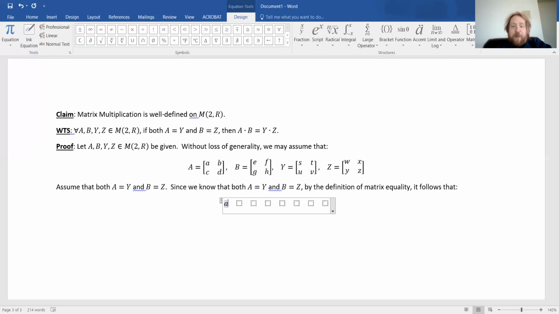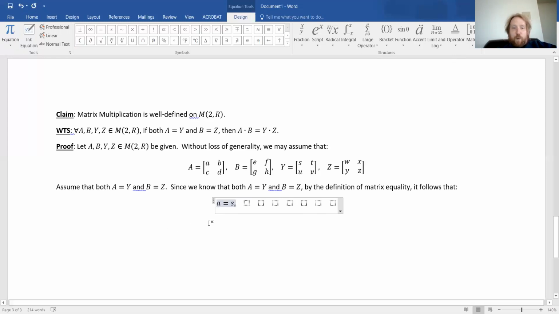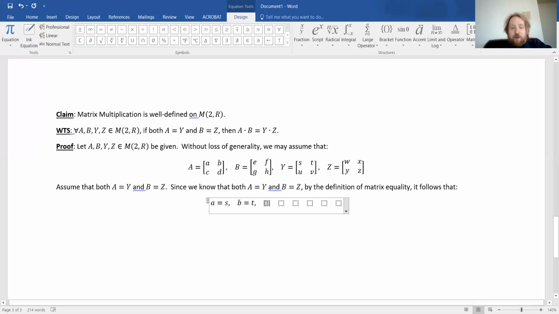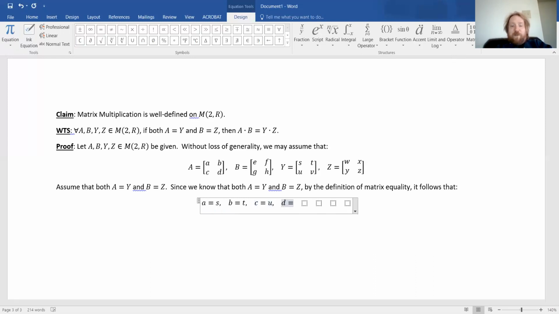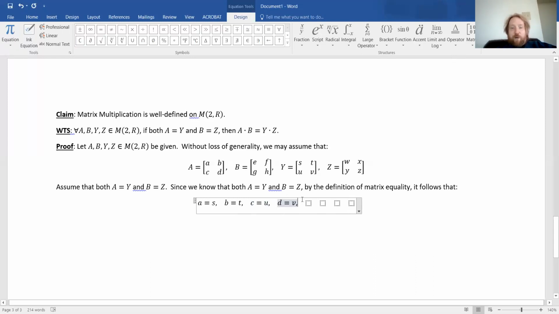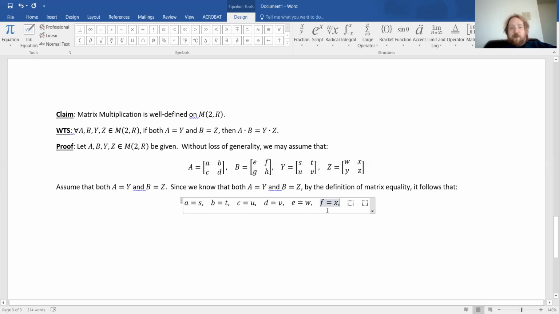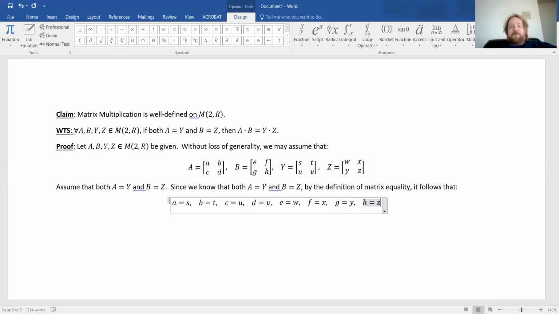So from A equals Y, we know that A equals S. We know that B equals T. We know that C equals U. We know that D equals V. We know that E equals W. We know that F equals X. We know that G equals Y. And we know that H equals Z.